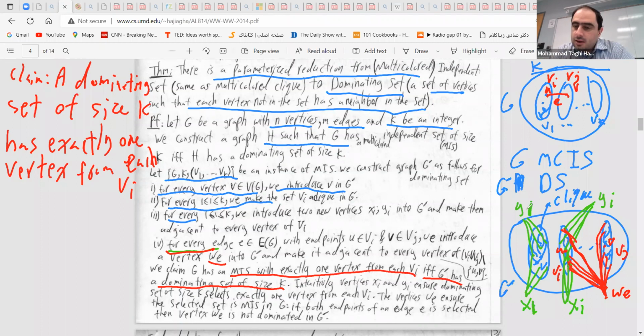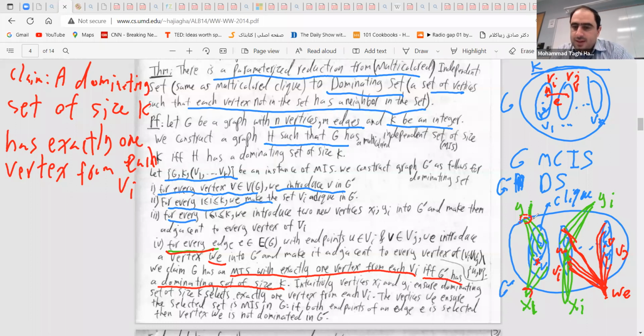Because in particular, if you consider xi and yi, and the vertices here, you need to have at least one vertex to cover them, because either these guys should be in the set, or one option is that you will select yi to be in the set, but in that case, xi, that's the thing that we are putting two vertices. Then in this case, xi also should be in the set as well. So then you have two vertices, but the total budget that you have is K.